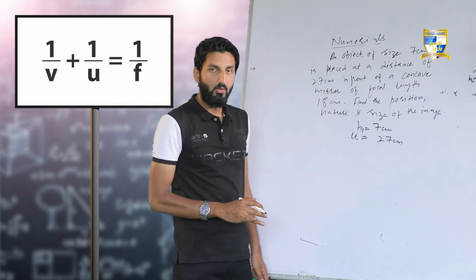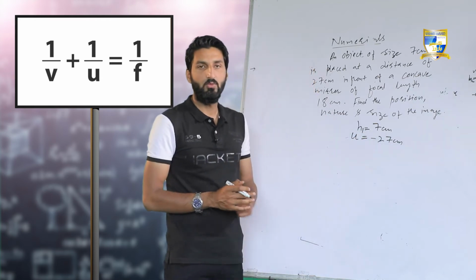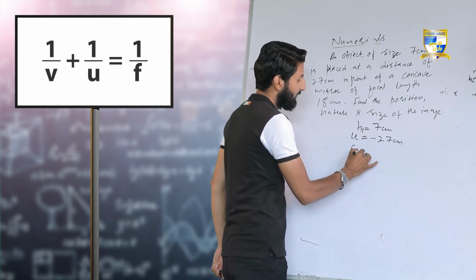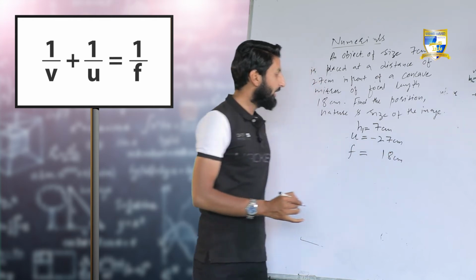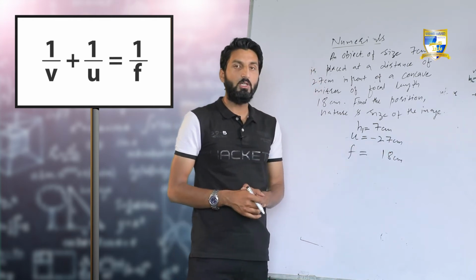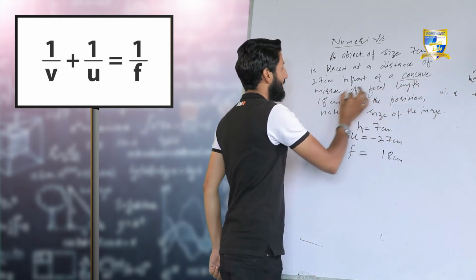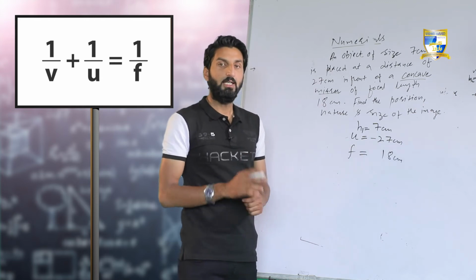But we already know that the object distance is always taken as negative. And the focal length is 18 centimeter. In order to give sign to the focal length, we have to know which type of mirror it is, and this mirror is a concave mirror, and the focal length in case of a concave mirror is taken as negative.